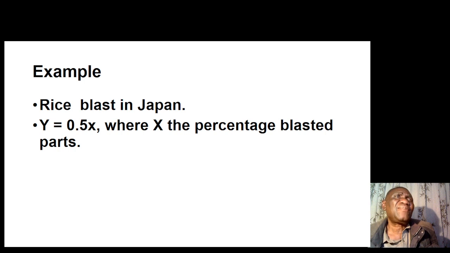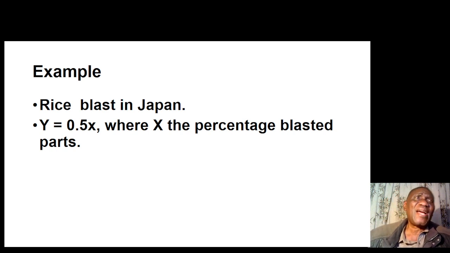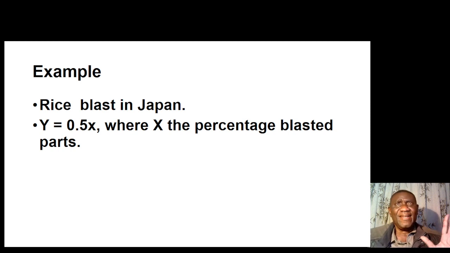For example, with rice blast in Japan, they found that the relationship was y equals 0.5x. This was regression. X is the percentage of blasted parts. So it may differ. But then the model will be applying to the crop concerned.